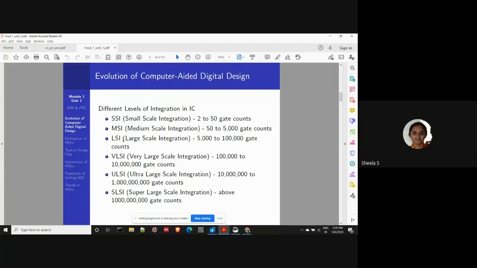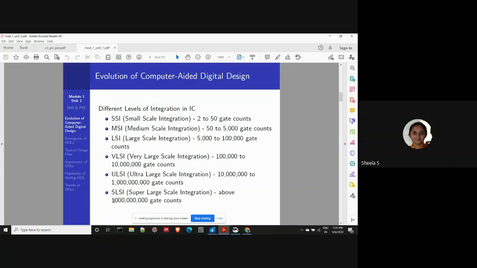Similarly, for large scale, still more, that is 5,000 to 1 lakh. If I consider VLSI, the gate count increased from 1 lakh to around 10 lakhs. But in ultra large scale or super large scale integration, above around 1 billion gates were present.